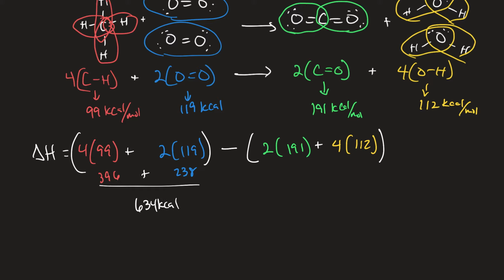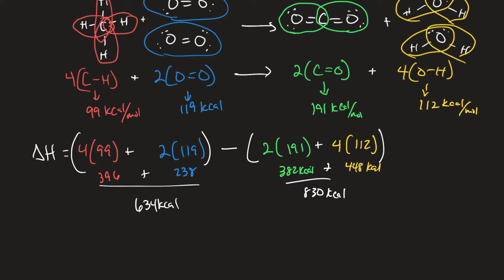On the other side, 2 times 191 is 382 kilocal, and 4 times 112 is 448 kilocal. When we add this together, we get about 830 kilocalories of energy on the product side.